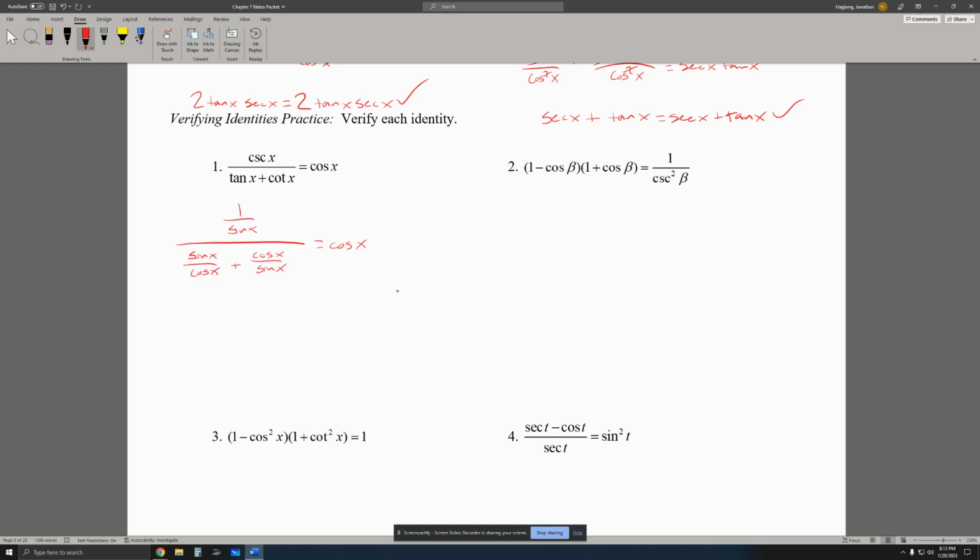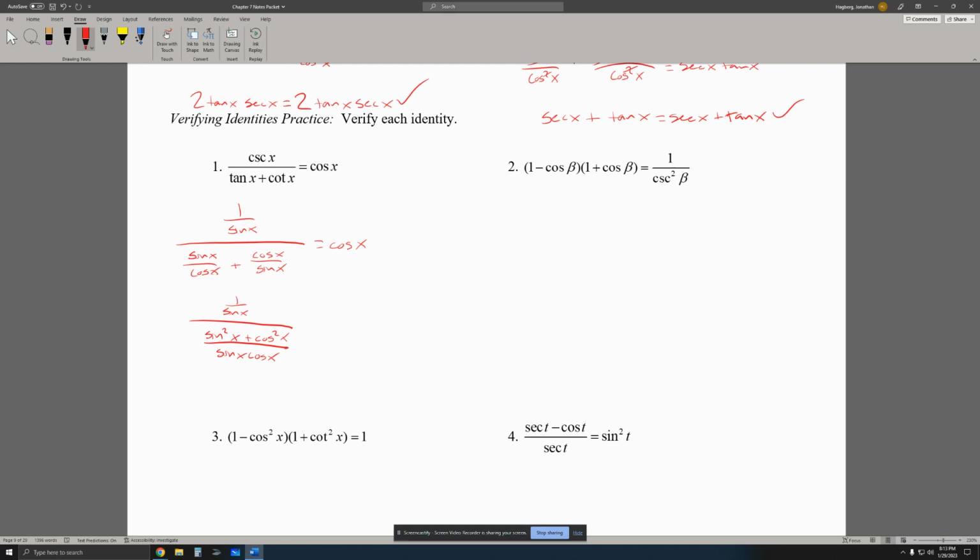Find a common denominator, combining terms in the denominator. So we have 1 over the sine all over: we'd multiply the left-hand term by sine over sine, and the right-hand term by cosine over cosine. So we would get sine squared x plus cosine squared x all over sine x cosine x.